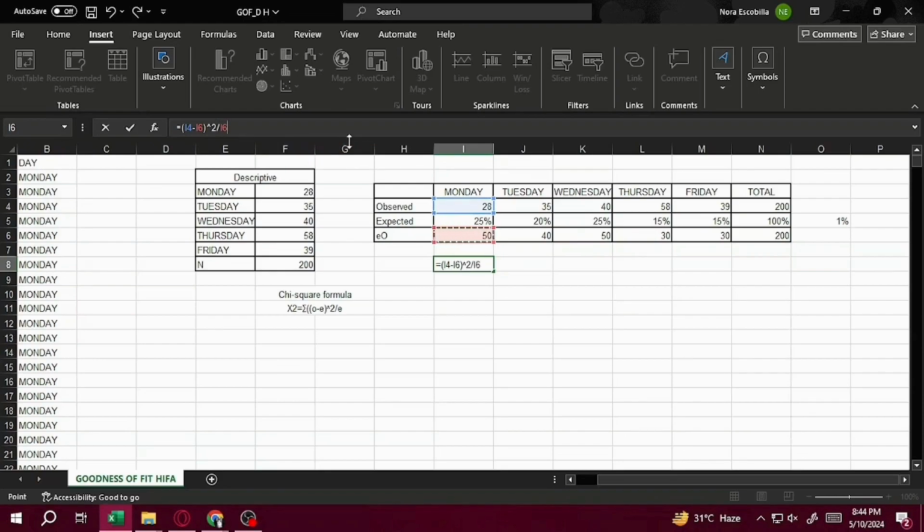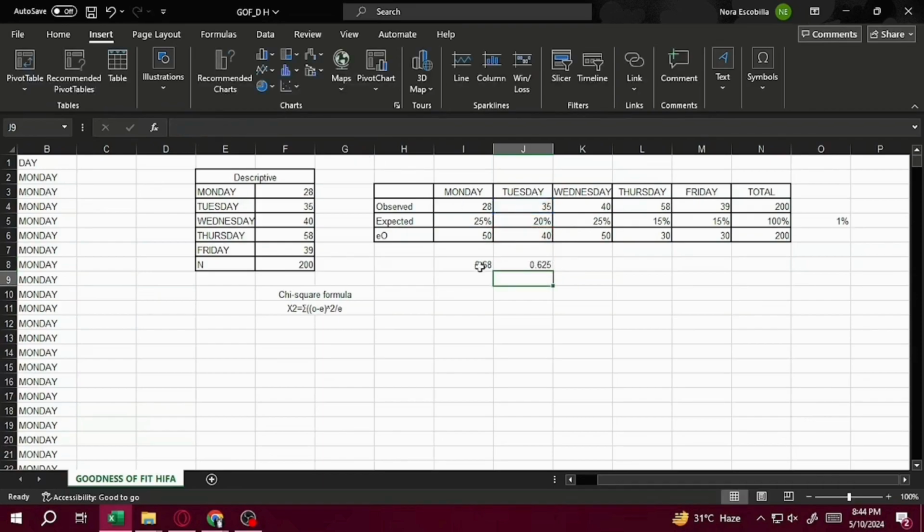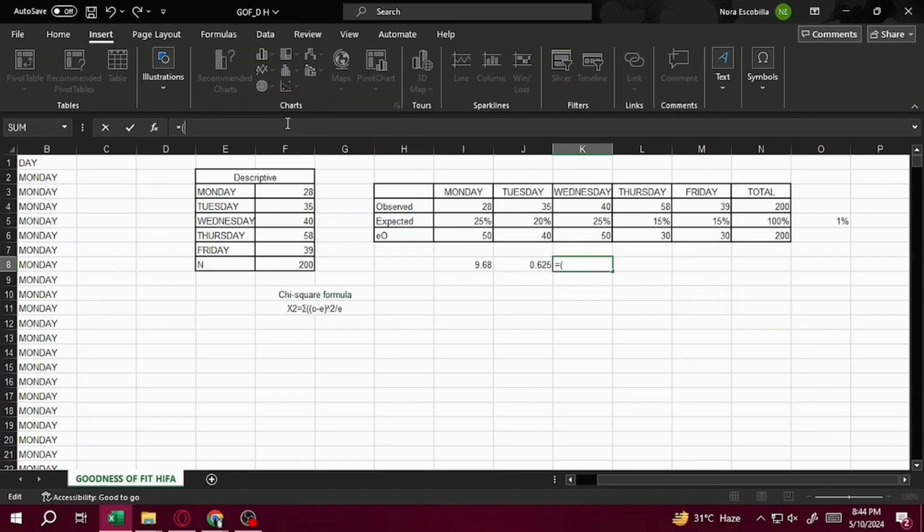Minus the expected observation, which is 50, squared, divided by 50. So we've got 9.68. And same for the Tuesday, we have 35 minus 40 and divide by 40, again we got 0.625. And for the Wednesday, we've got 40 minus 50, squared, divided by 50, and we got 2.